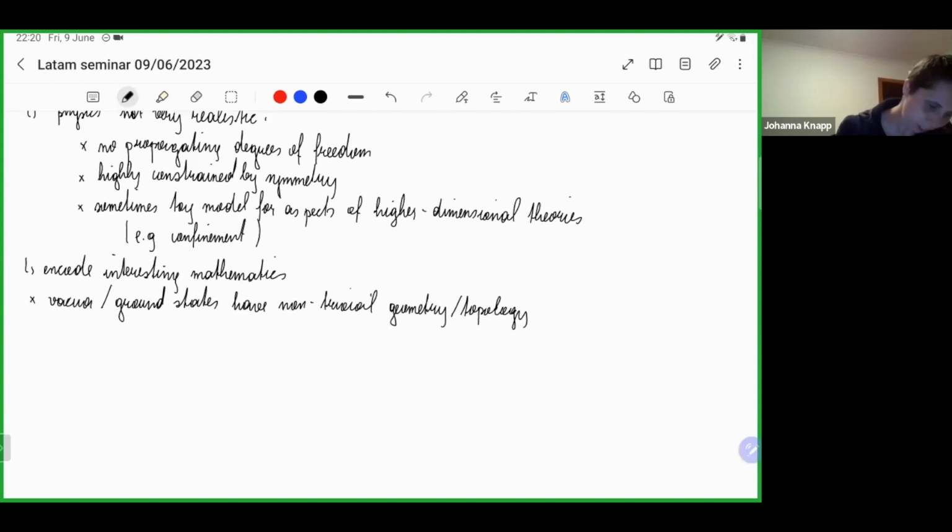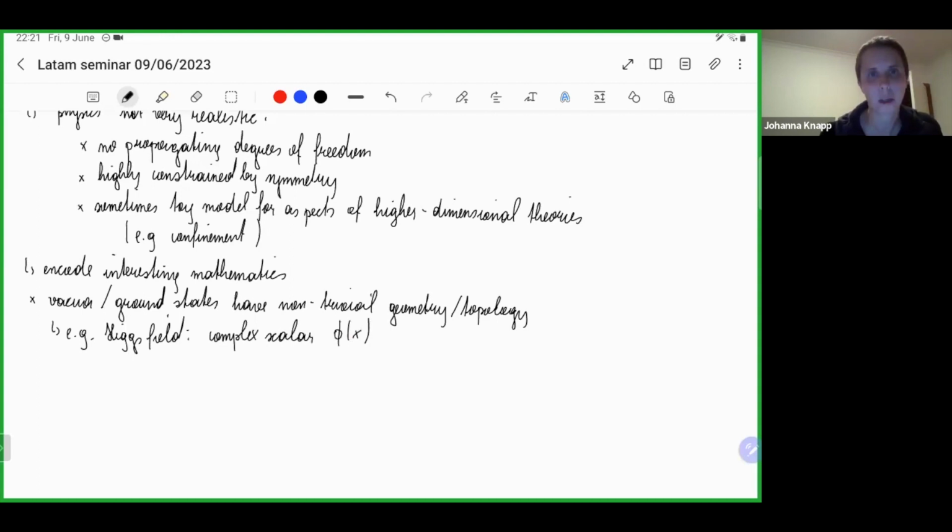And just to illustrate this in the most simple way, with something that many of you may know, and that we will basically generalize in a very straightforward way, you can consider the Higgs field. You take a complex scalar, phi of x. You can do that in any dimension. You don't need to be in 2.